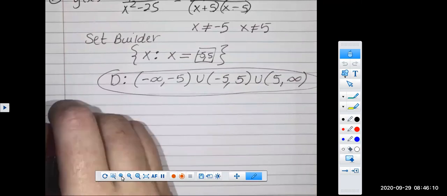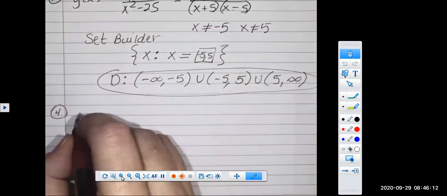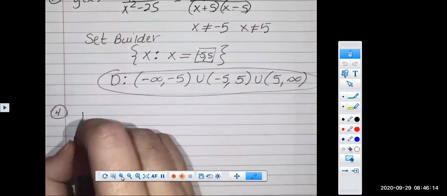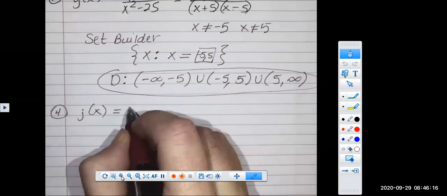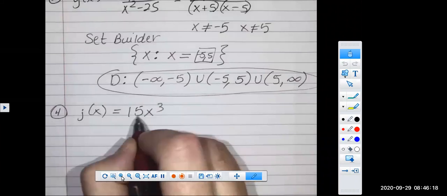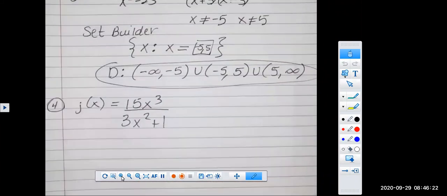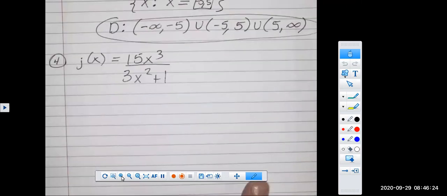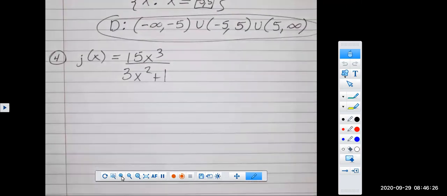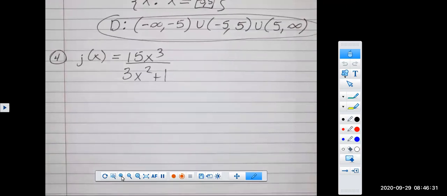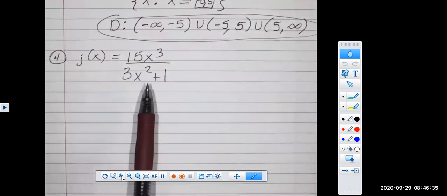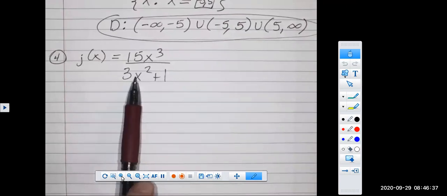Okay, this is number 4. I have function j of x equals 15x cubed over 3x squared plus 1. If I'm ever going too fast, you just tell me and I'll slow down. Are y'all good? Okay. All right, we need to figure out what values would make this denominator 0.